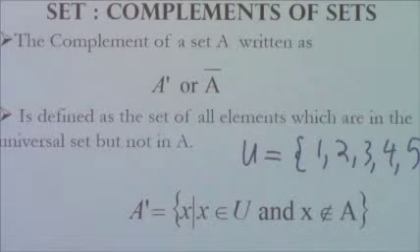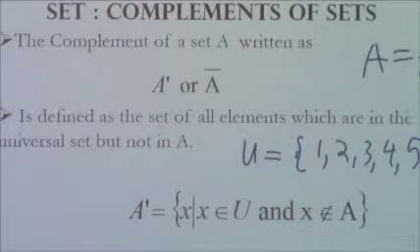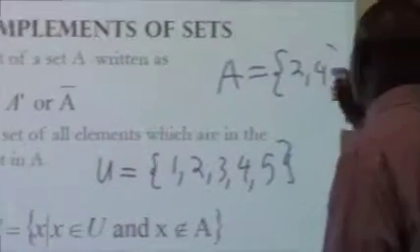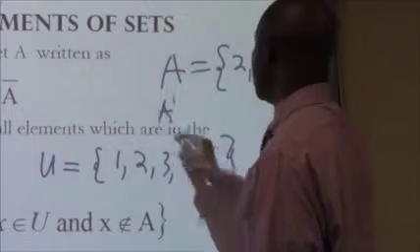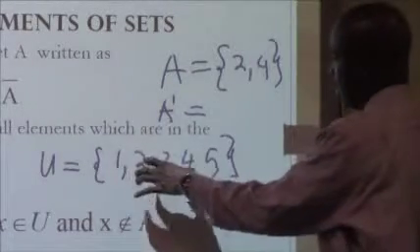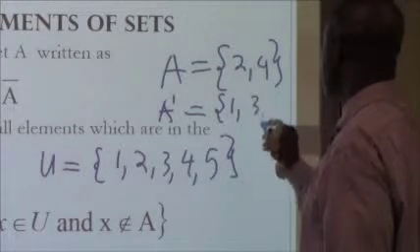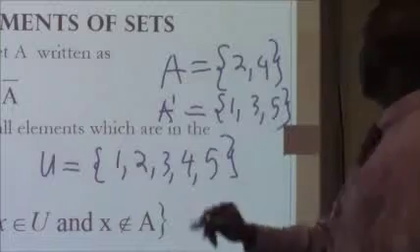If I define A to be the even numbers here, I have 2 and 4. Then A prime, the complement, will be those elements which are in this universal set but are not in A. What are these elements? 1, 3, and 5.